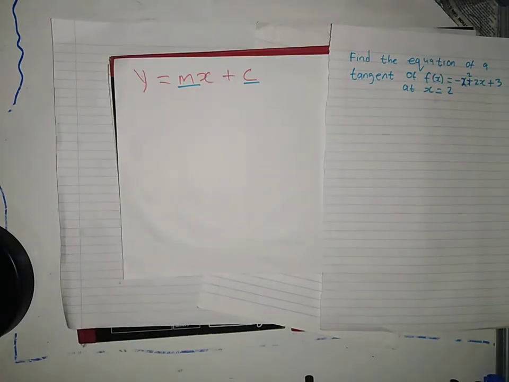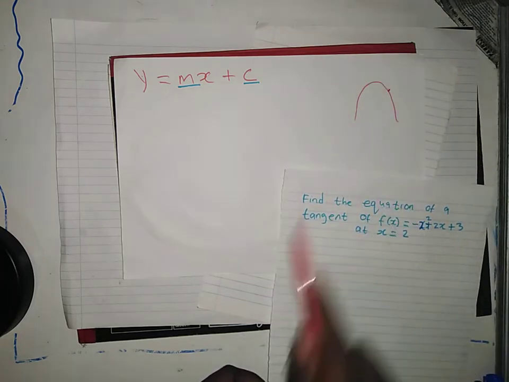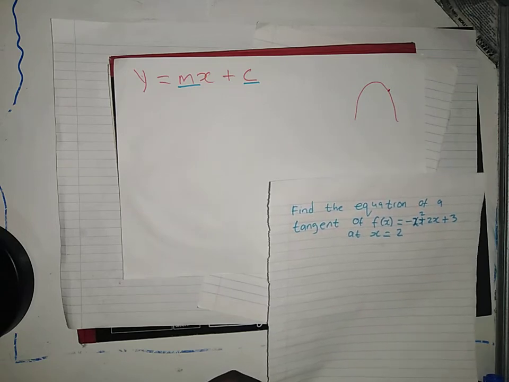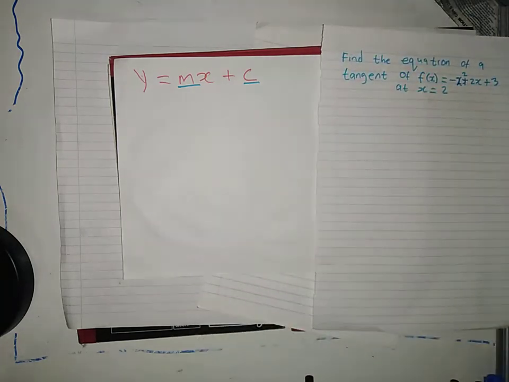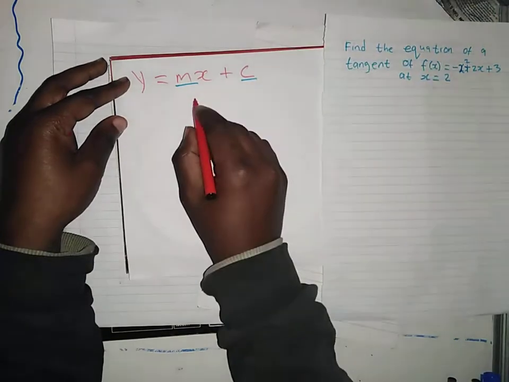As we said earlier, this is a curve. So in general, how do you find a gradient in curves? Okay, so let's say for argument's sake you've got a curve like this one.